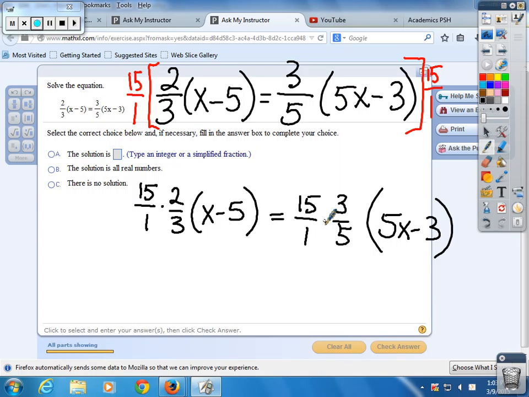All right, 15 times 2 is 30, divided by 3 is 10. Or 15 and 3 will go into each other. 3 will go into 15 5 times. 5 times 2 is 10. You're going to get 10 no matter what. 45 divided by 5, or 15 divided by 5 is what? 3. 3 times 3 is 9. You're going to get 9 no matter what.